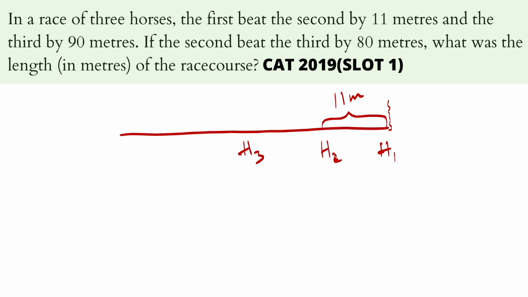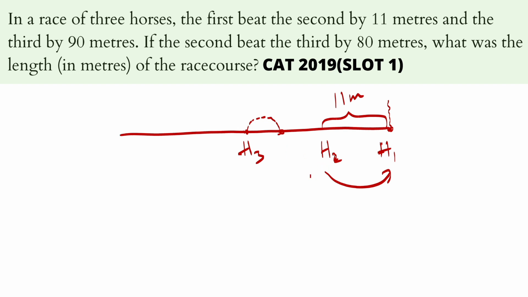Now if the second beat the third horse by 80 meters, what was the length? Okay, so second beat third horse by 80 meters. So what does this mean? By the time the second horse reaches the end line, finishes the race, horse 3 will slightly move forward, right? And the difference now between horse 2 and horse 3 must be 80 meters. See, understood?